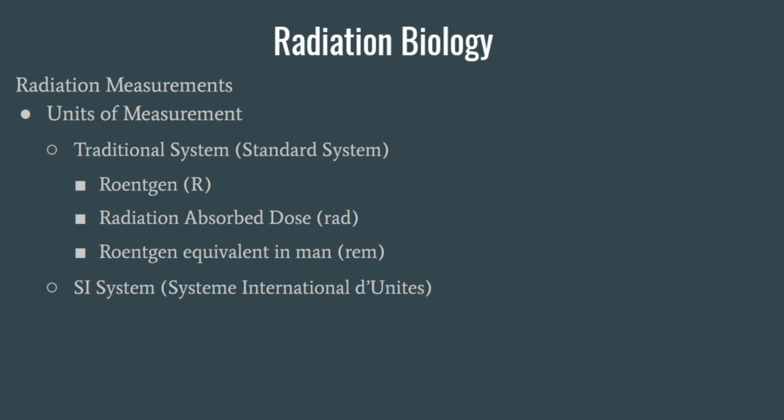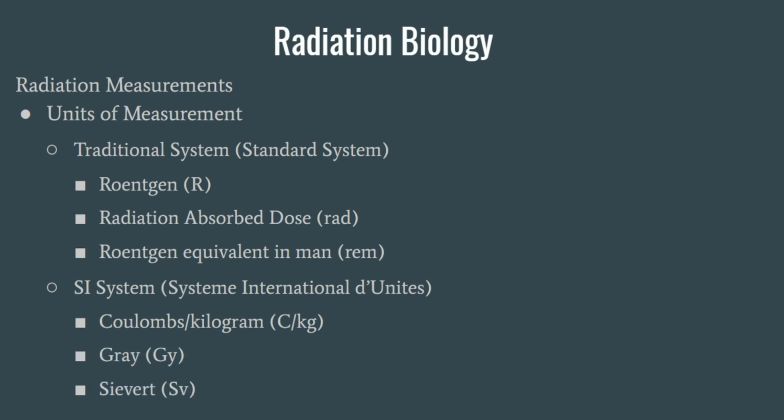Forgive my accent. Forgive me if I'm pronouncing that incorrectly. But the radiation measurements we use for the SI system are coulombs per kilogram, the gray, and the sievert.